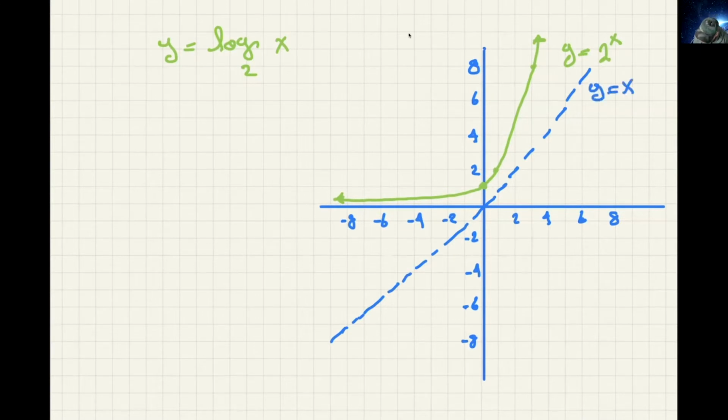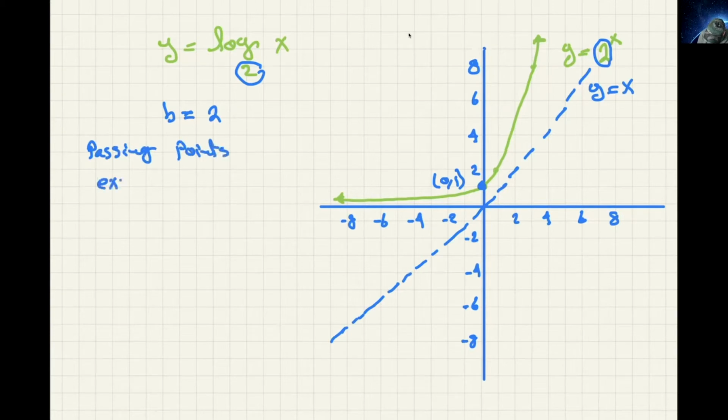Now, I define some points here. This point here is 0 and 1. Remember, this is a passing point of the exponential function. The other point is 1 and b. So b here is 2, because here is 2 and here is 2. Now I have the two passing points for the exponential and the log.